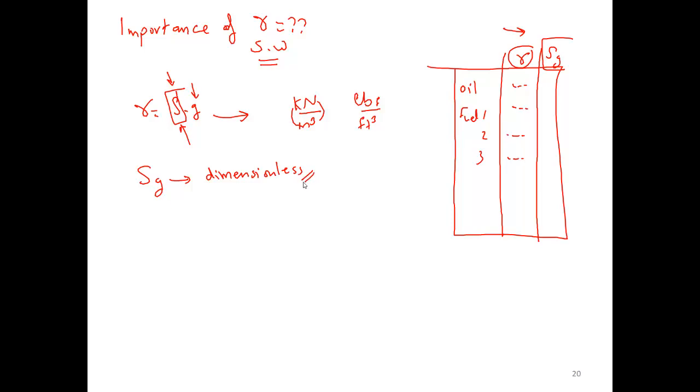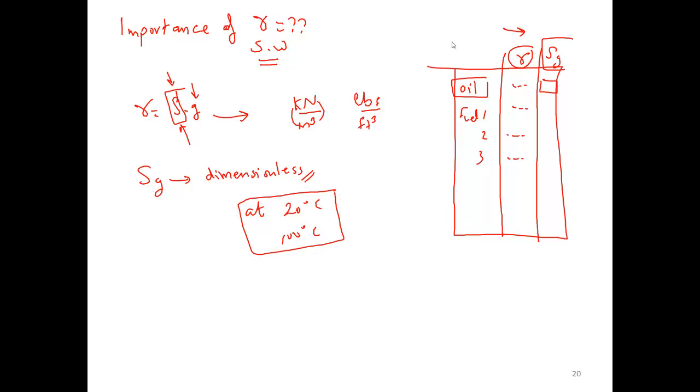So if we can determine the specific gravity of oil, all we have to do is find, for example, the specific weight at 20 degrees, 100 degrees, etc. So you don't have to go and find the specific table for the oil.